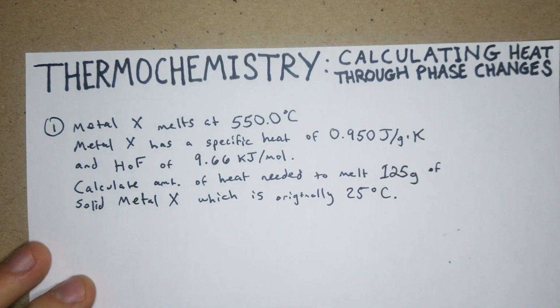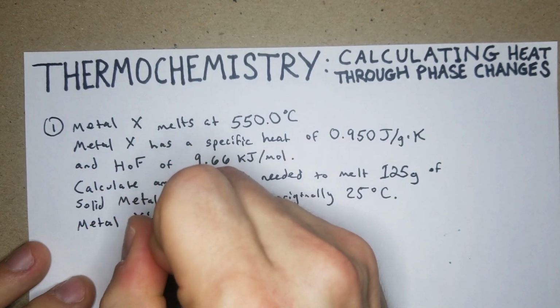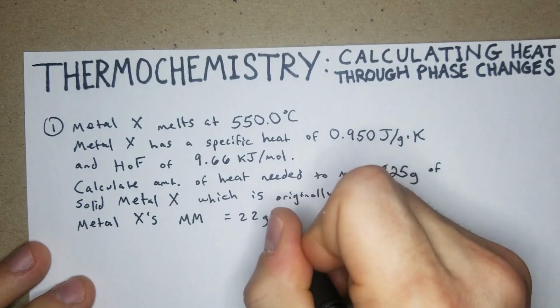Okay, so there we go. And then, because I didn't say what metal X is, we'll say metal X's molar mass is going to be 22 grams per mole.